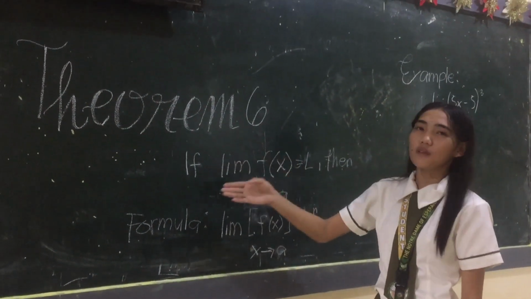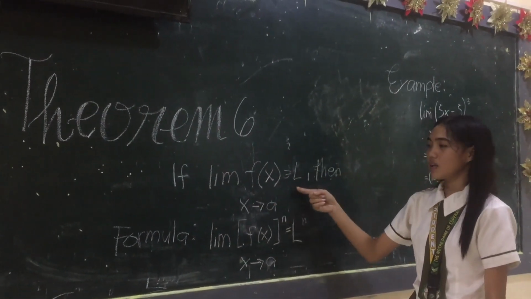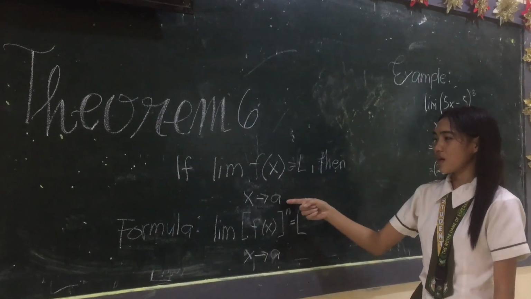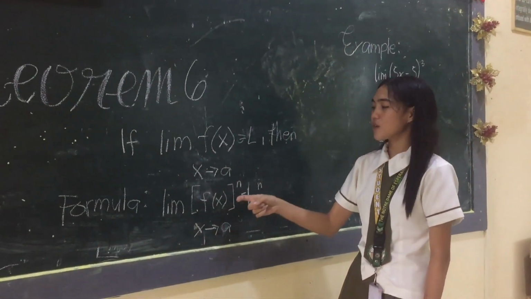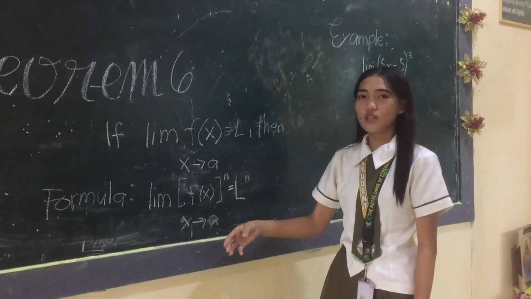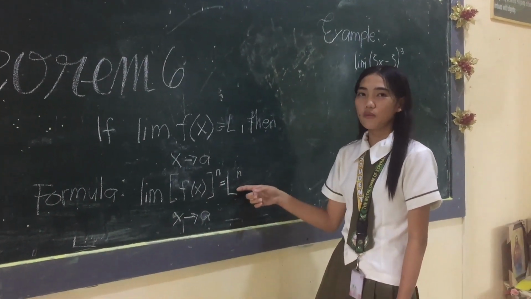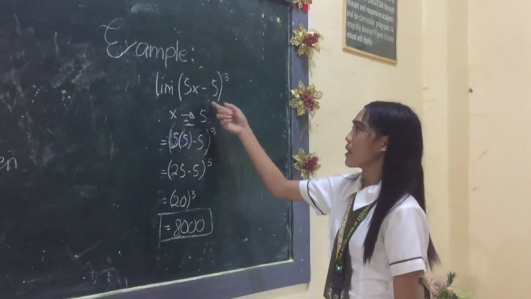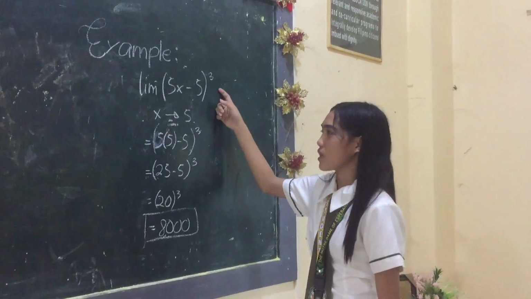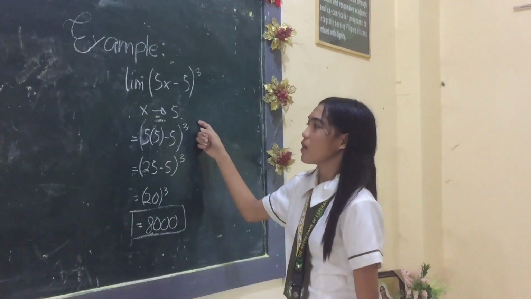Theorem 6. If the limit of f of x is equal to L, where x approaches a, then the formula is the limit of the quantity f of x raised to the power of n, where x approaches a, is equal to L raised to the power of n. For example, the limit of 5x minus 5 raised to the power of 3, where x approaches 5.